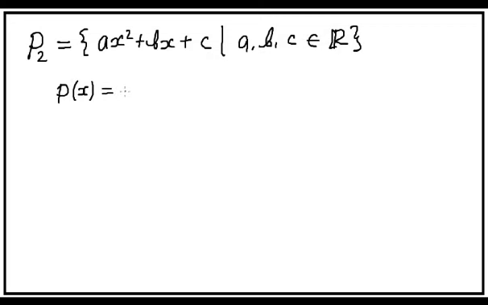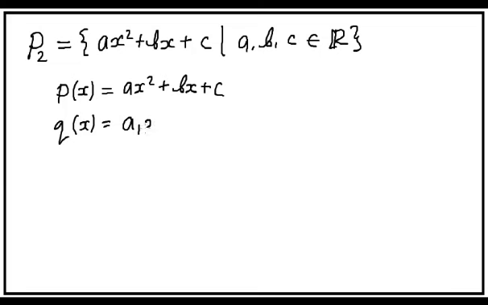So we will often write things down like p of x equals ax squared plus bx plus c to indicate one of the elements in this set, or for another element different from the other one we could write q of x, and then we have to put some coefficients there. If we want q to be different from p, we wouldn't use the same coefficients, obviously, so we might use different notation for them.